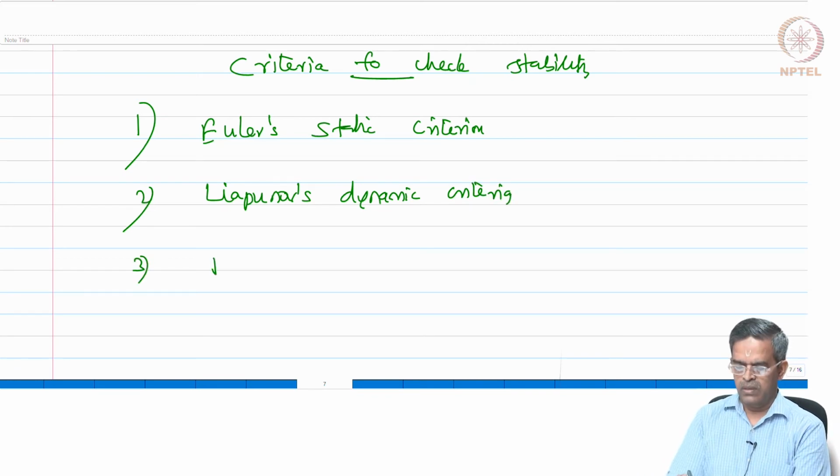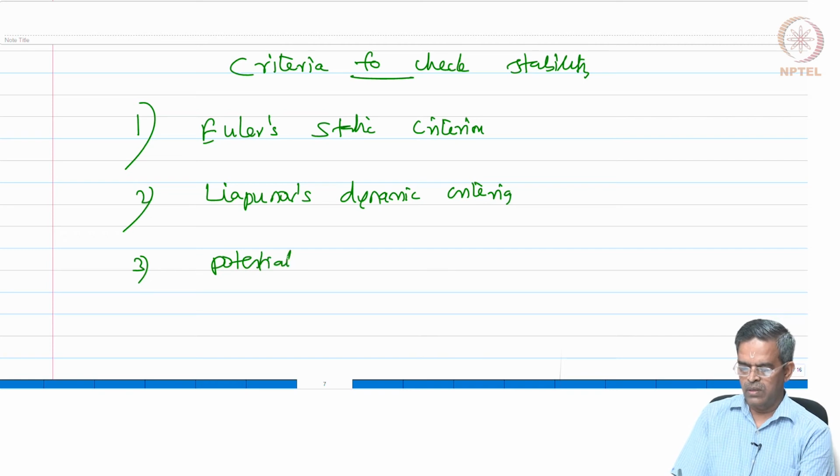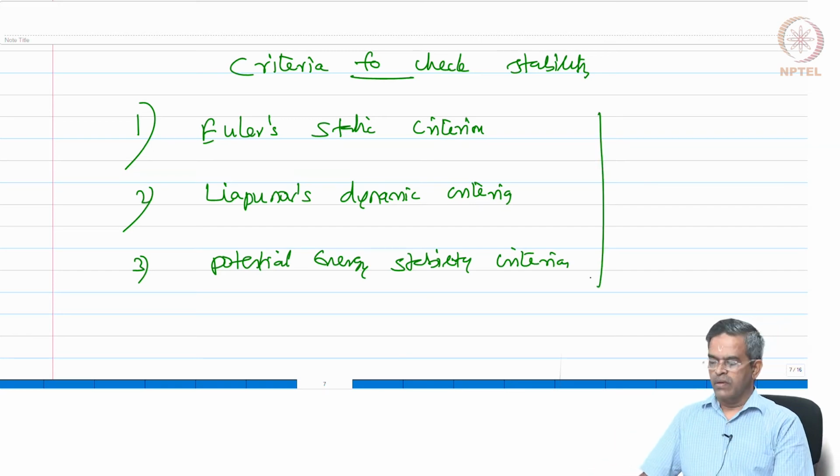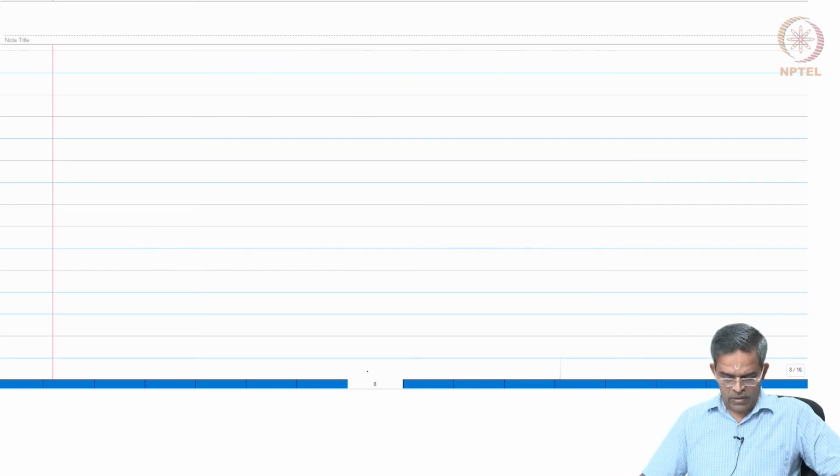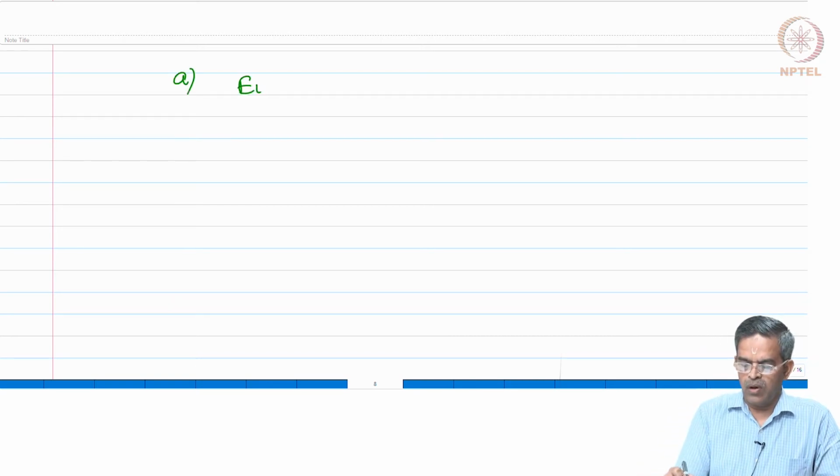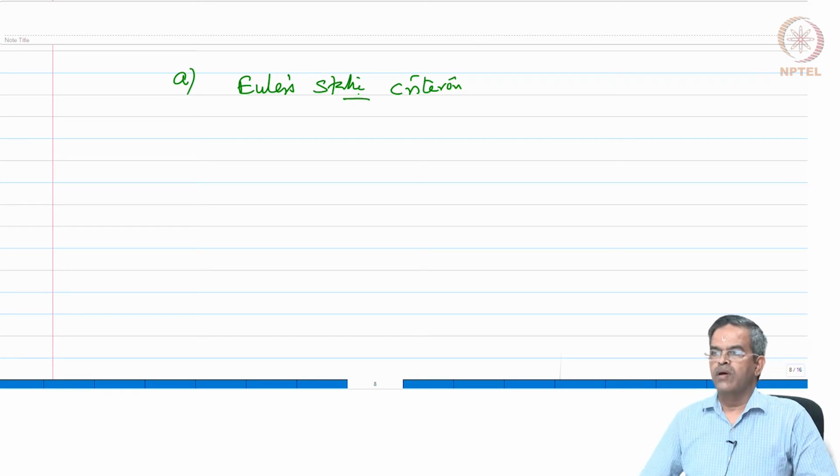And the last one is the potential energy stability criteria. Let us see one by one very quickly. What are these? Let us talk about Euler's static criteria. Euler's static criteria is applicable under non-trivial equilibrium state.